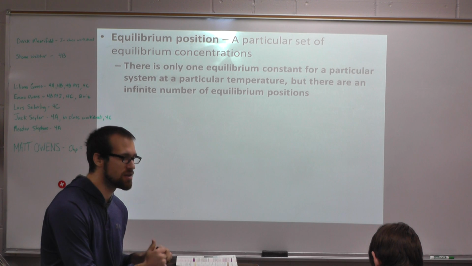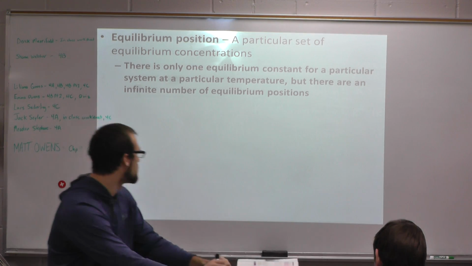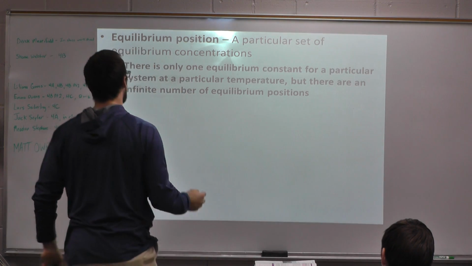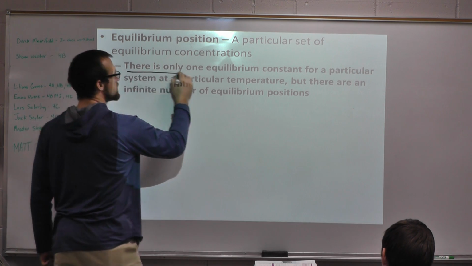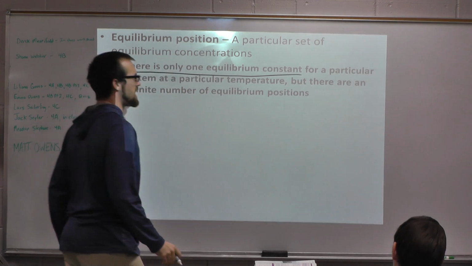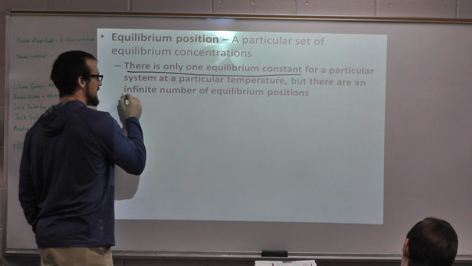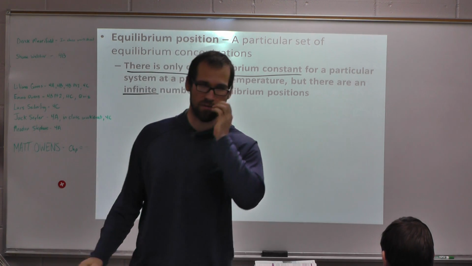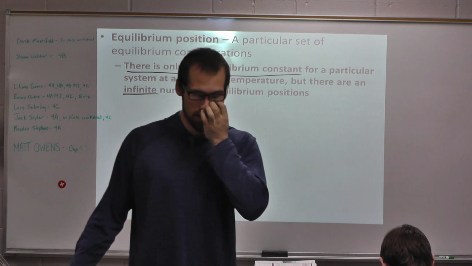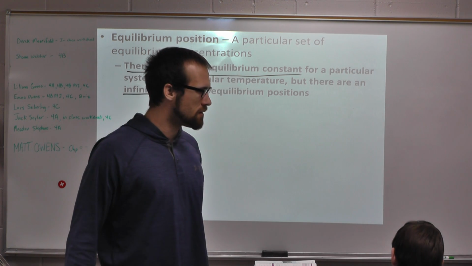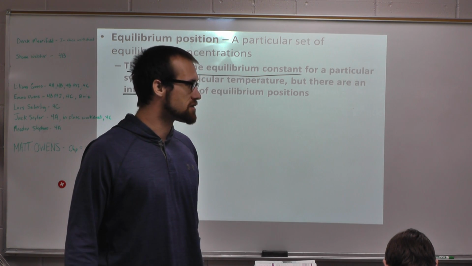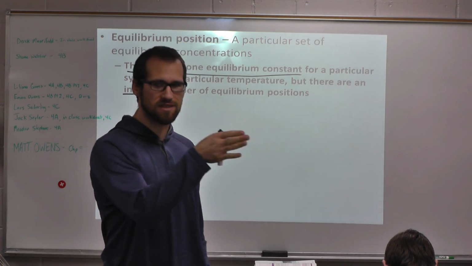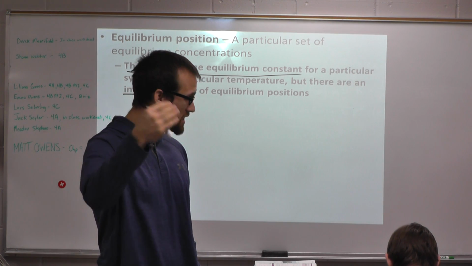Okay? So in theory, we will always have one equilibrium constant at a specific temperature, but there is really an infinite number of equilibrium positions. What do I mean when I say equilibrium positions? The ending concentrations, the equilibrium concentrations. So you will always have the same constant, which is really the ratio.